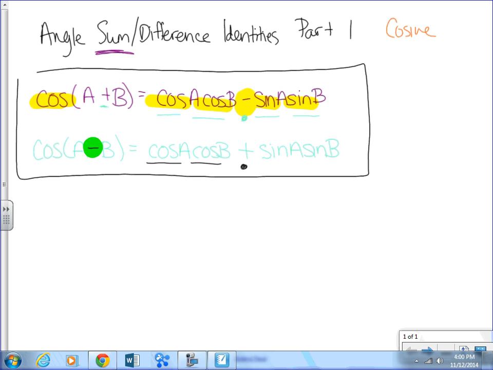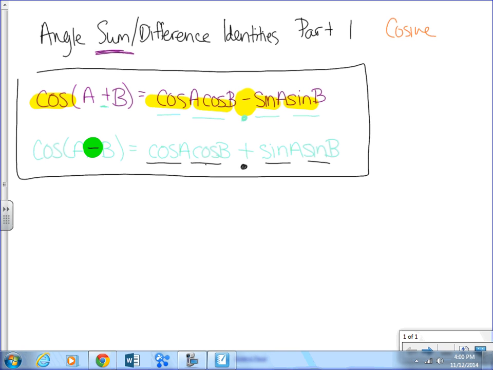It was a minus, now it's a plus, sine, sine. So it's still cosine, cosine, sine, sine, sine. So next time you have a formula quiz and I ask you the sum or difference identity for cosine, you should all be going cosine, cosine, sine, sine, sine.